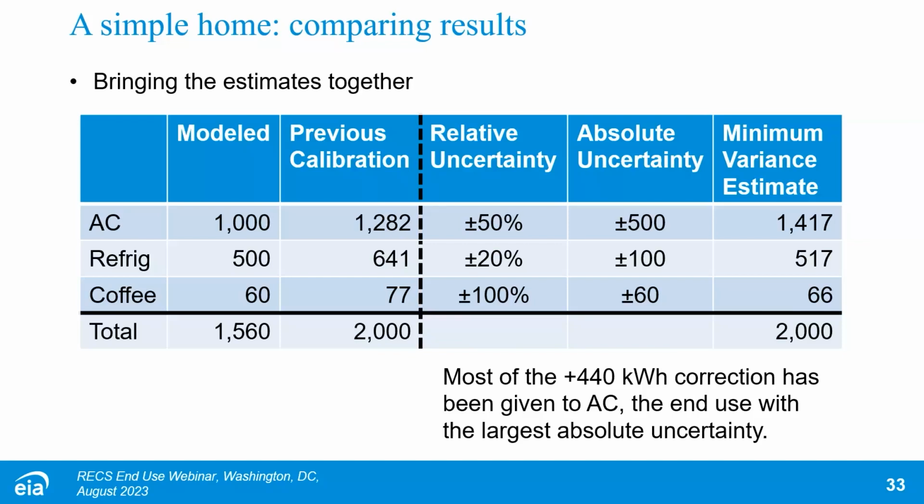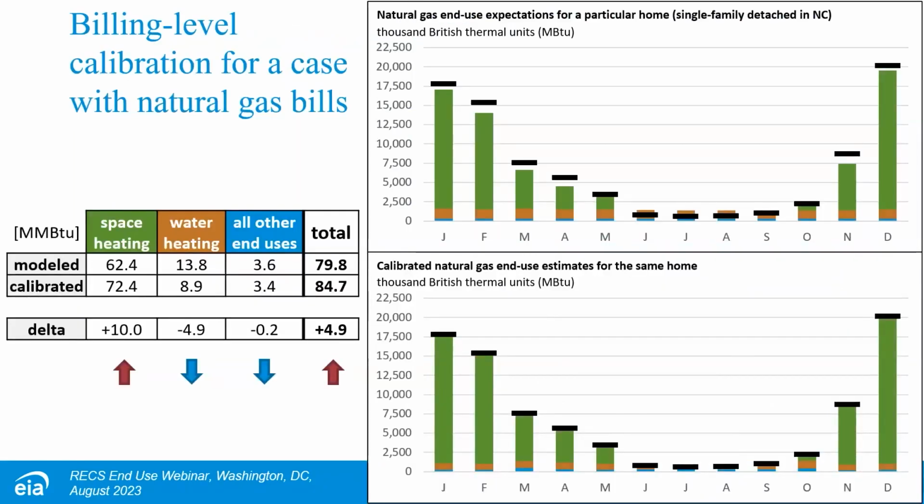So we thought it prudent to try to do calibration using the monthly bills instead of collapsing everything down to an annual number. I'm going to talk you through how we achieve the extension from annual to billing level on the next slide, speaking from more or less a case study.